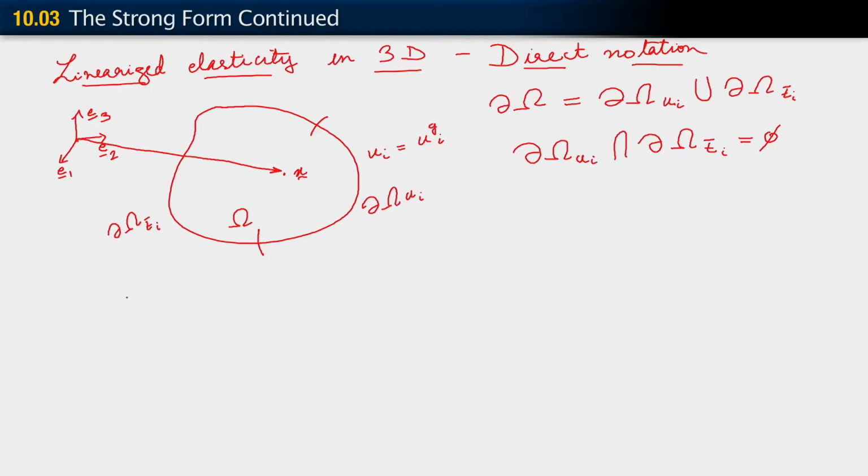Okay, given all this, here's what we want to do. What we want to say is, given u g sub i, t bar sub i, the vector f, now I'm using direct notation for the vector f, and the constitutive relation sigma equals C contracted with epsilon.